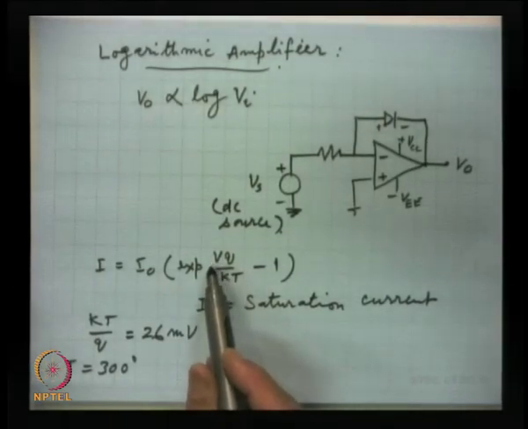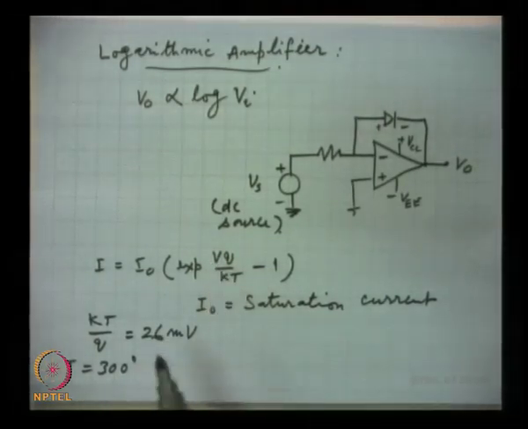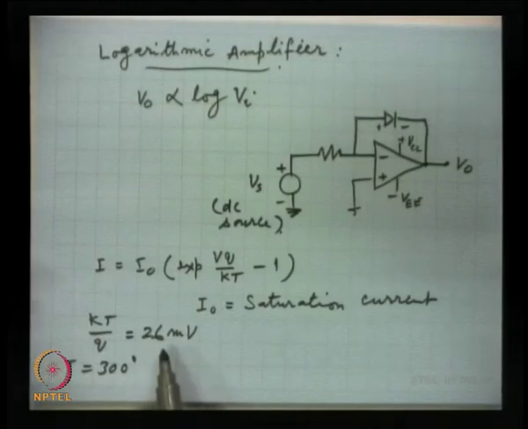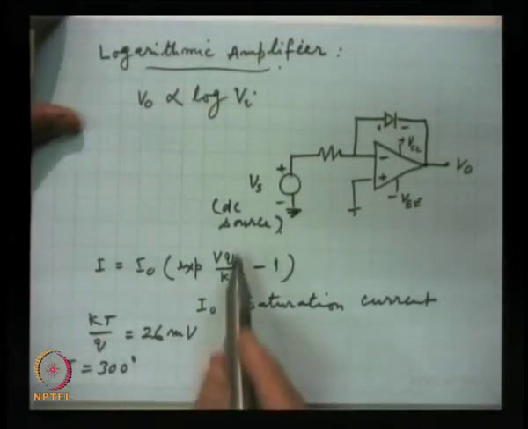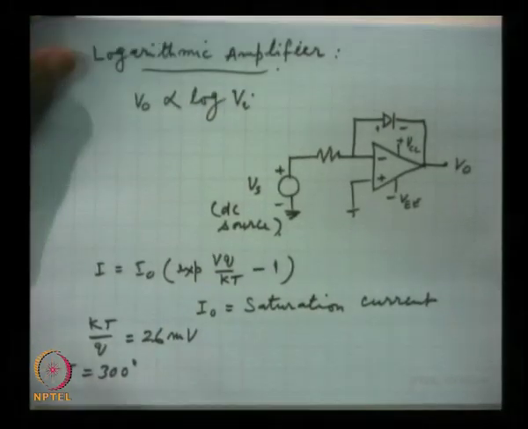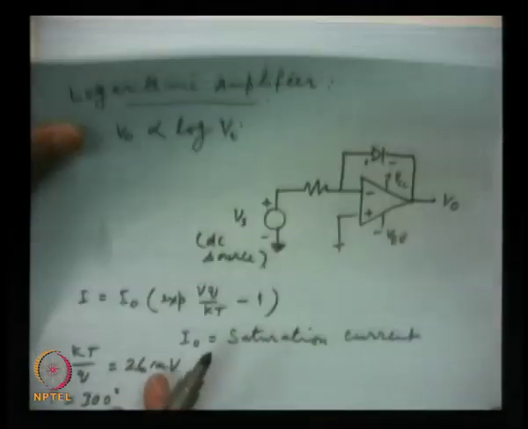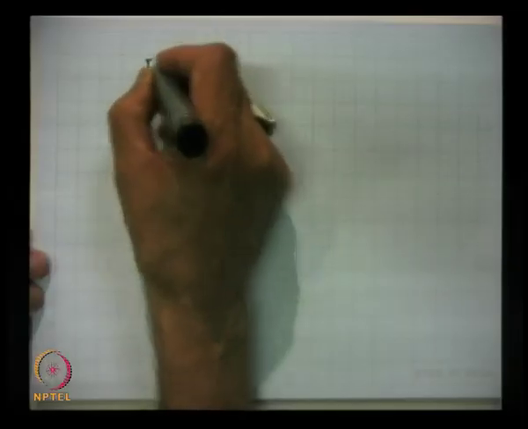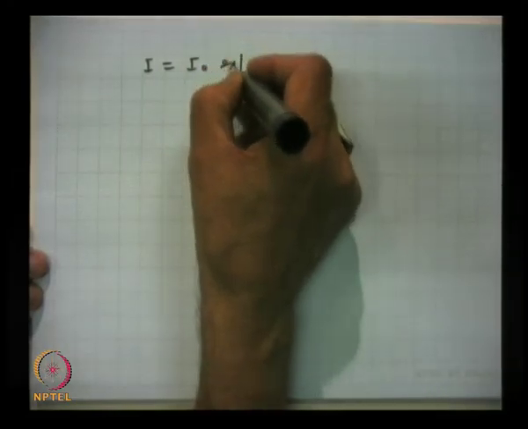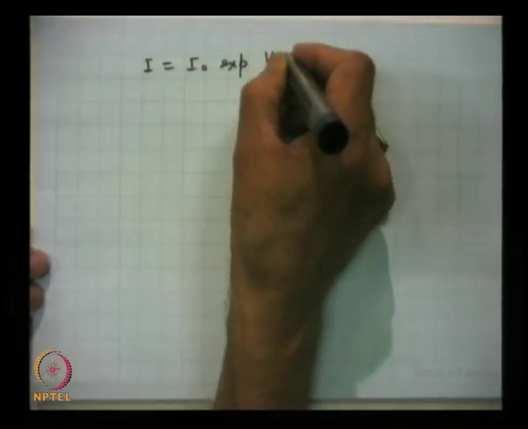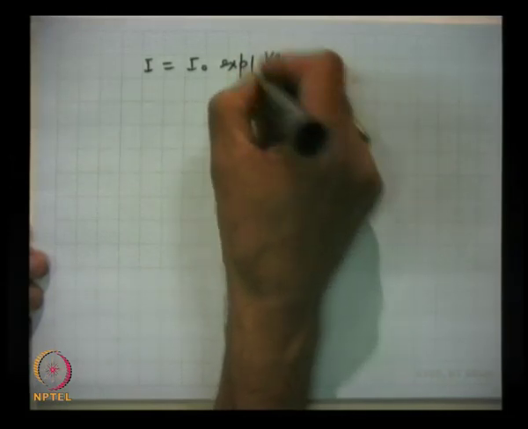So as long as the applied voltage V is of the order of 500 millivolts or 1 volt, this 1 can be neglected because this is an exponential term which will rise very fast, and so neglecting that 1, we can use the equation I equal to I0 exponential VQ by KT.